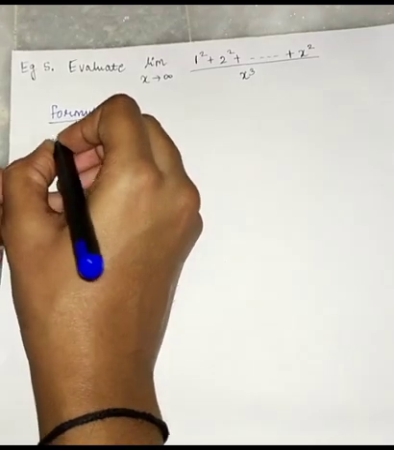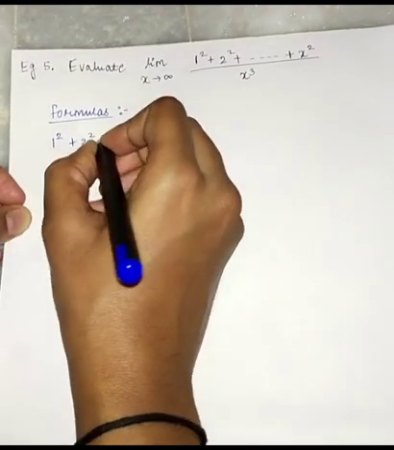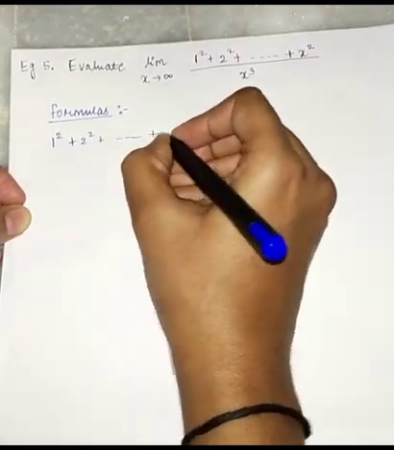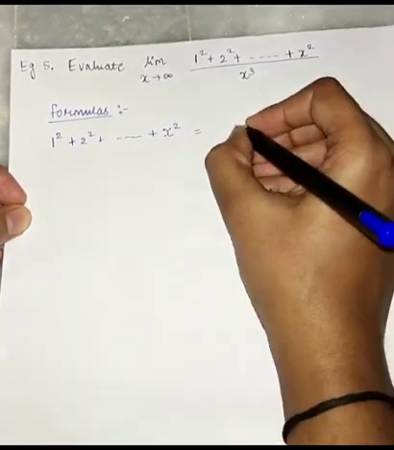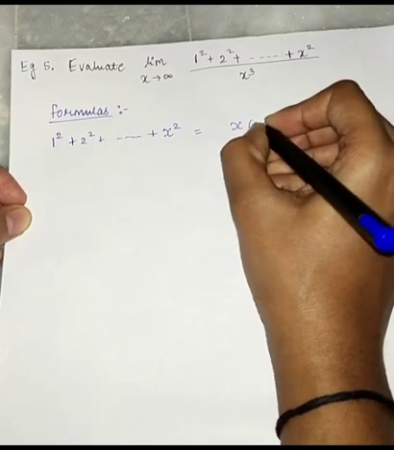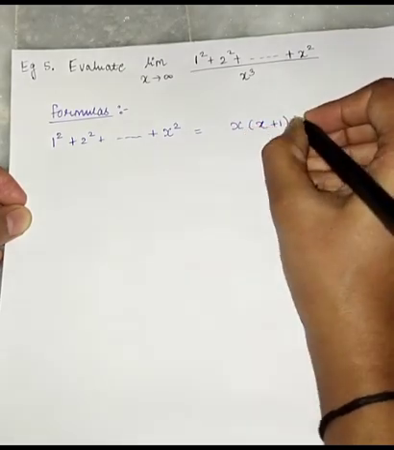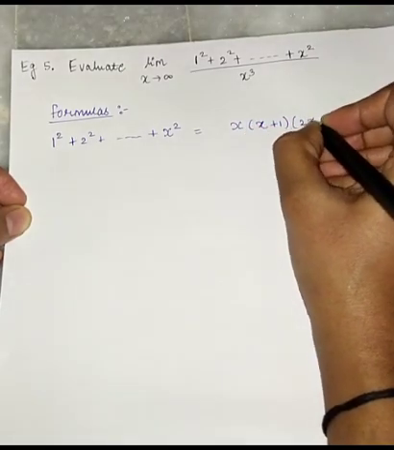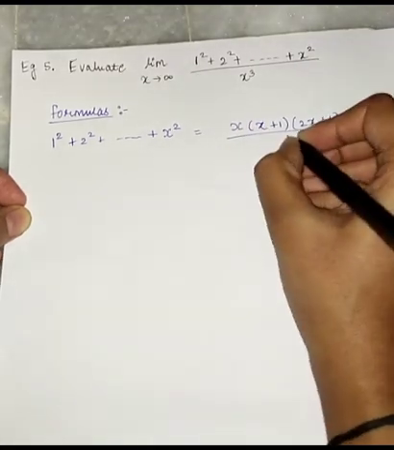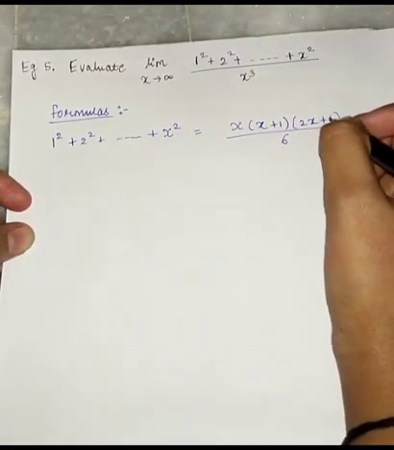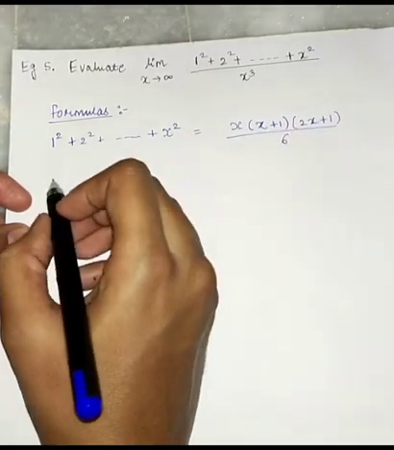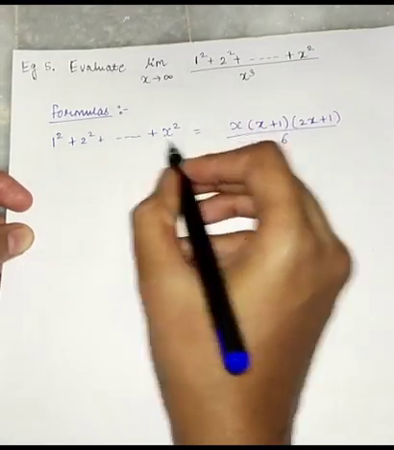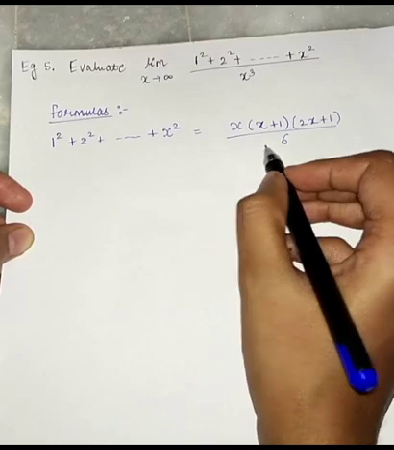Whenever 1 square plus 2 square plus up to x square is given, then its formula is x into x plus 1 into 2x plus 1 upon 6. So here we will apply this formula. Whenever an x square term is given, then its formula is this.